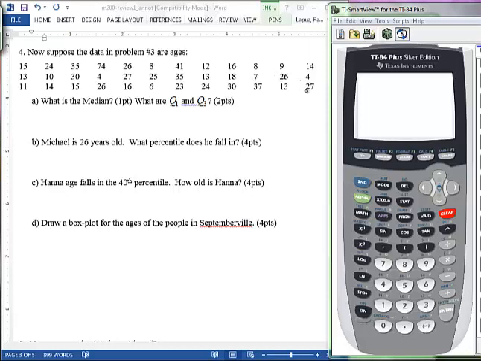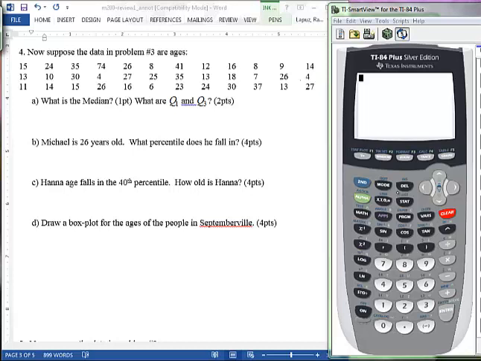we can look at half of 36, which is 18, and 36 is an even number, so we can look at the mean between the 18th and 19th numbers.